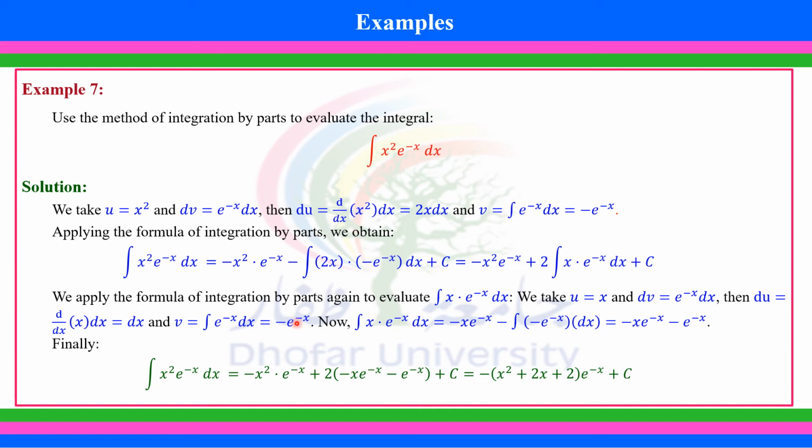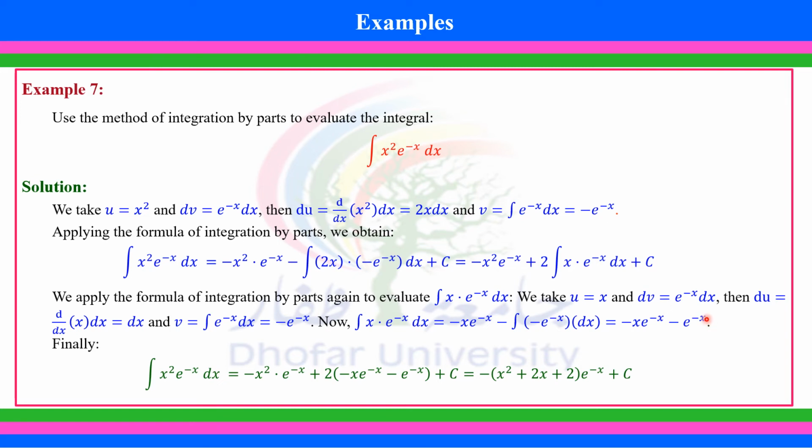So when we plug these values of u, v, du, and dv in the formula of integration by parts, we obtain this is uv, and this is integration v du, which gives minus x exponential minus x minus exponential minus x.